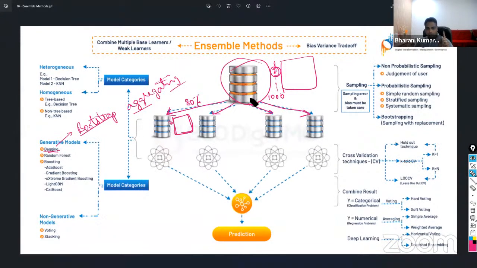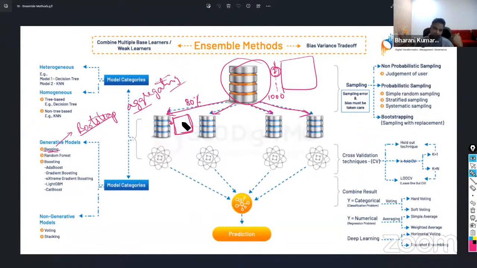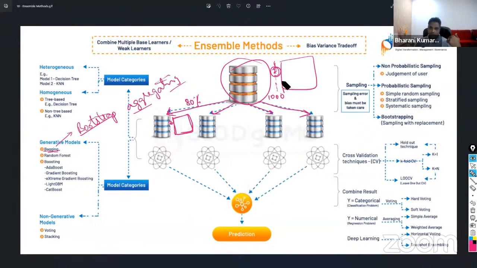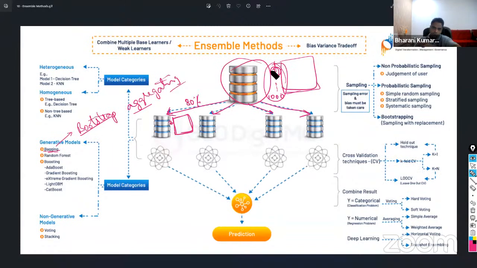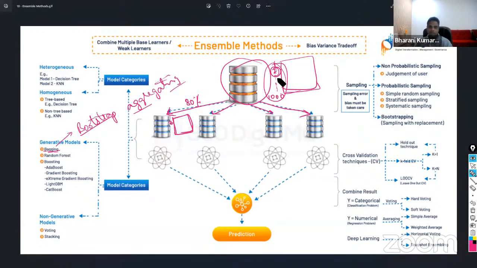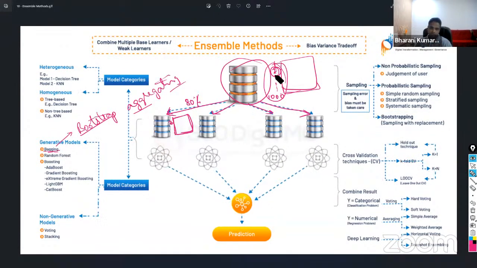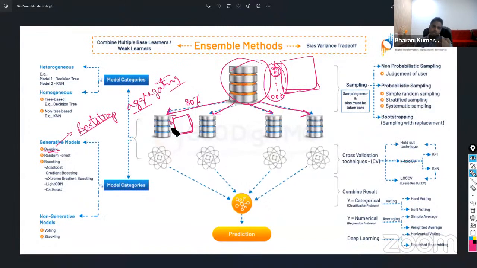And when you try to sample the next observation, you'll have all the 1,000 observations once again back in your data set. It's not that 2 is removed. 2 also would be there once again. So when the observations are chosen randomly, 2 also has an equal chance of getting selected again.